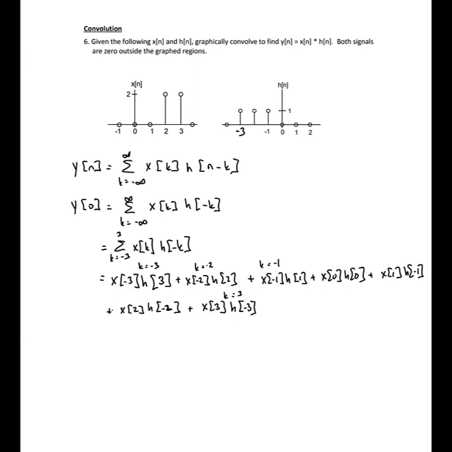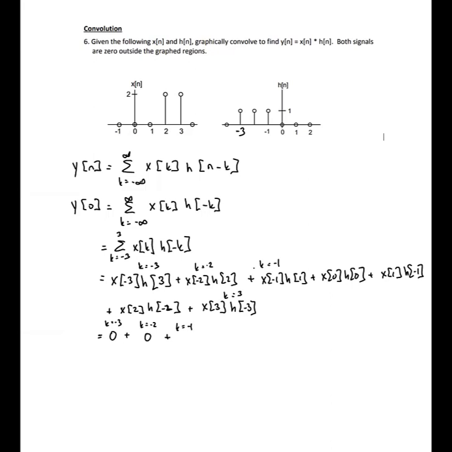For this first one, x of negative 3 is going to be 0, so it doesn't matter what it's multiplied by, that part will be 0. Our second one, at k equals negative 2, x of negative 2 is also 0. So it doesn't matter what h of 2 is, our answer is going to be 0 for that k equals negative 2. Our next is going to be at k equals negative 1.